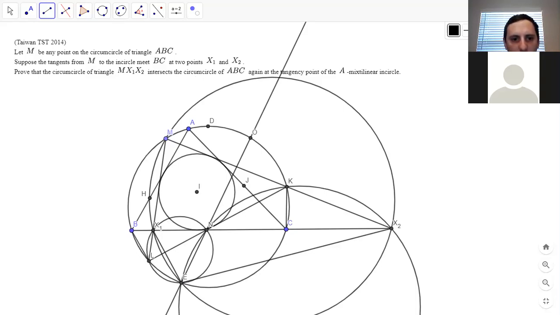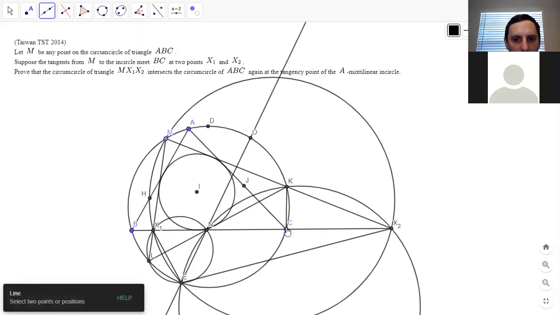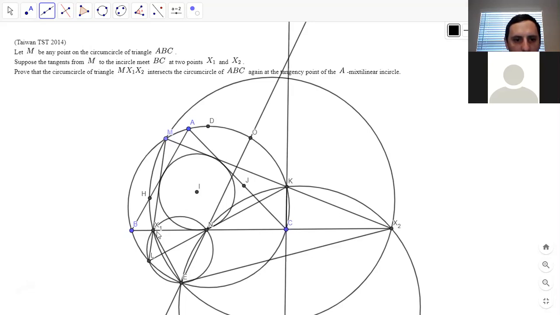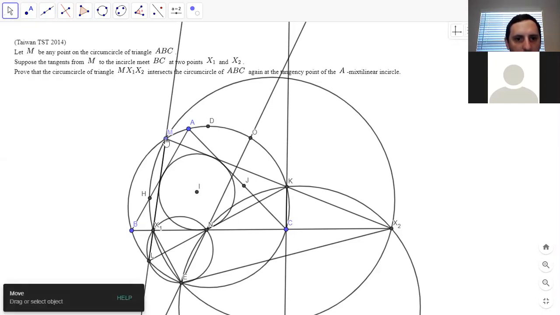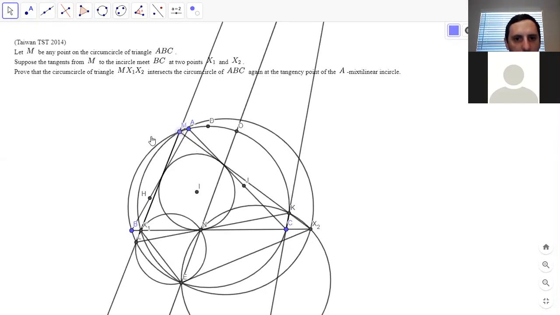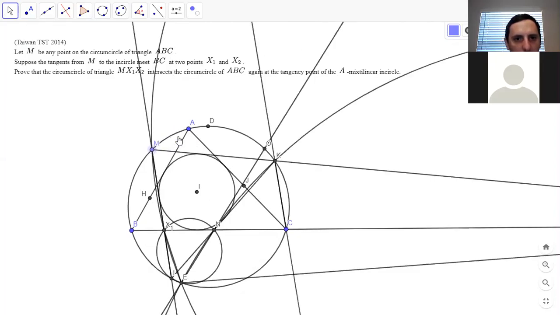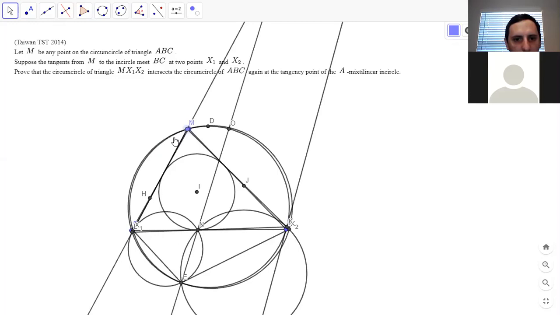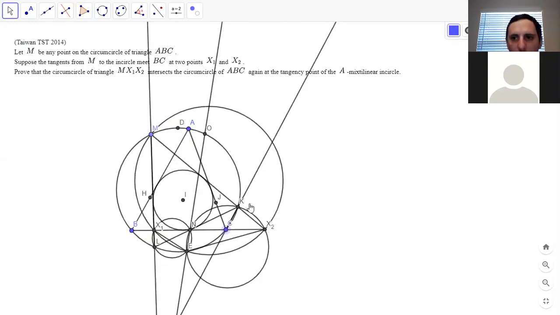Now I'm not sure KC is parallel to MX1. No, one's slanted. They almost look parallel, but I don't think so. No.